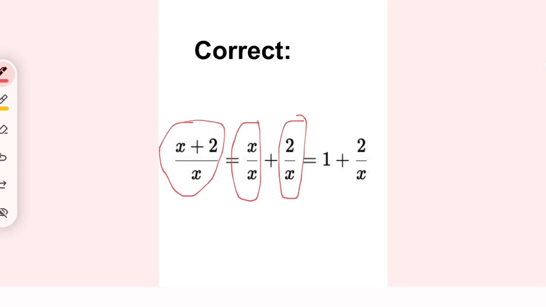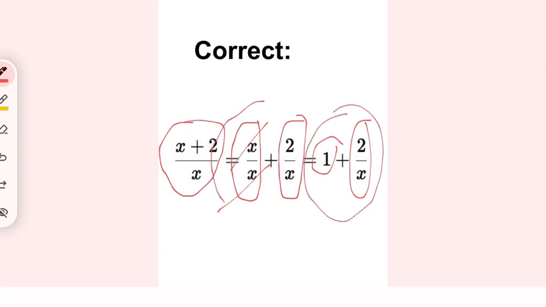And in that case, you can cancel out x. So the answer is 1, and the other one is 2 over x. So the answer would be 1 plus 2 over x. You need to have this first before you can cancel out x. All right?